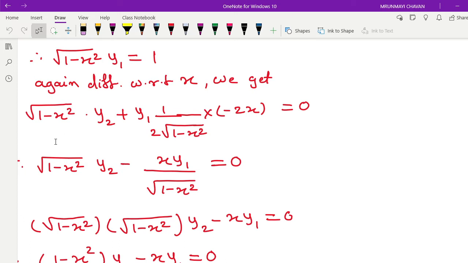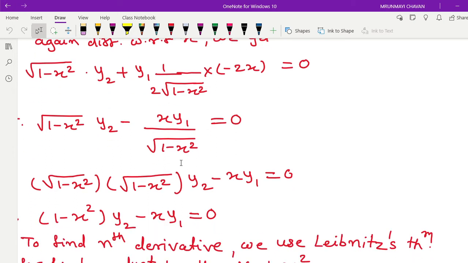Therefore this is root 1 minus x square into y2, and here 2 in numerator and denominator get cancelled, and here is the minus sign. So this is minus x y1 divided by root 1 minus x square, equal to 0.